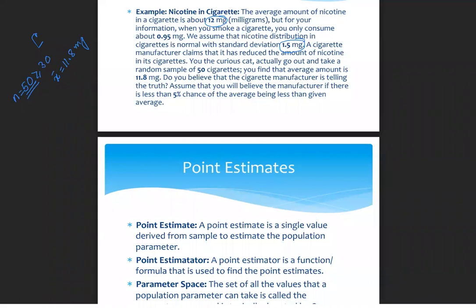So you know for sure your sampling distribution is going to be bell-shaped. Then you can figure out the chances that, if they haven't done anything but claim that they reduced the amount of nicotine, the average of 50 randomly selected cigarettes would be less than or equal to 11.8.